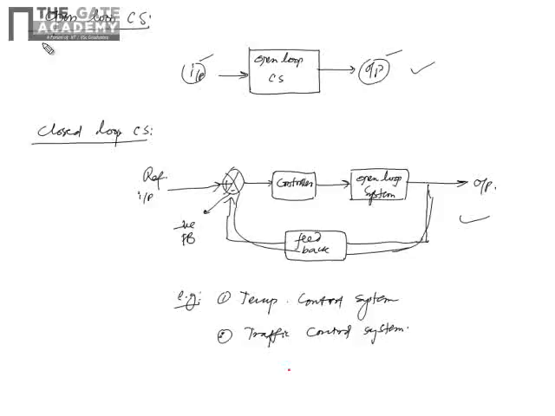Fine. Then what are the advantages of the open loop system? That we will see now. The advantages of the open loop system: it is simple and economical, easier to construct, and more stable than the closed loop system. Then what are the disadvantages of open loop systems?